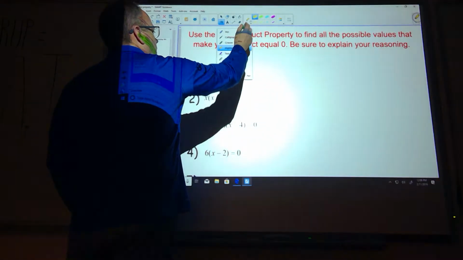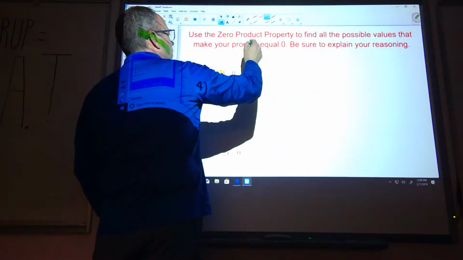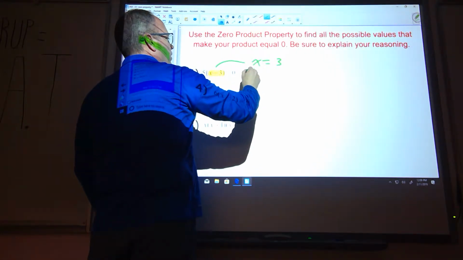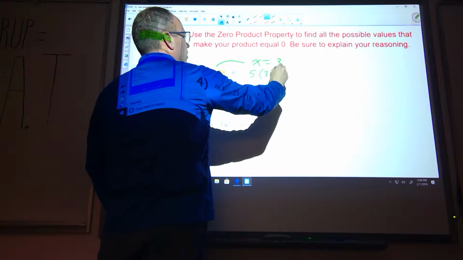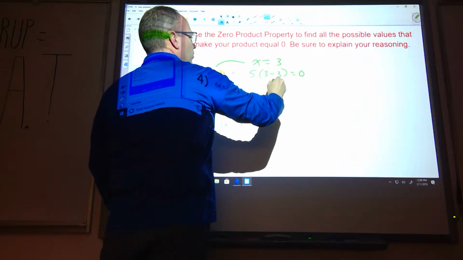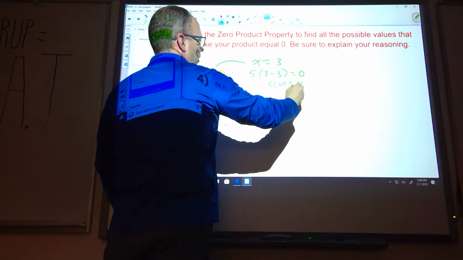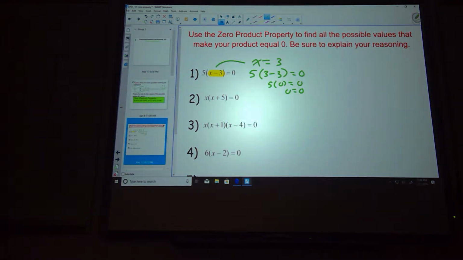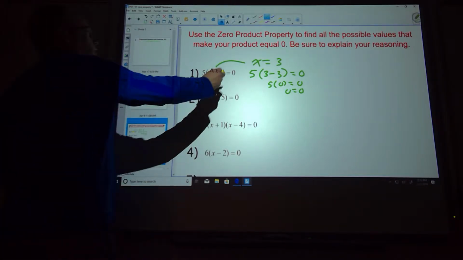All right, so if I made x equal to 3 and did the actual math, that means 0 equals 0. So 3 is a solution to this problem. Is there any other number I could plug in on number 1 and get 0? No. All right, so let's take a look at number 2.